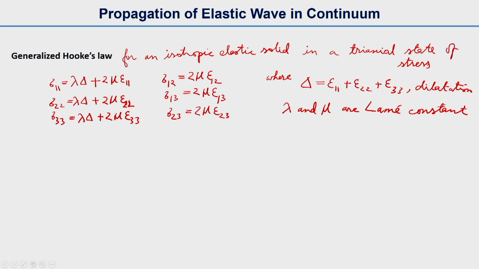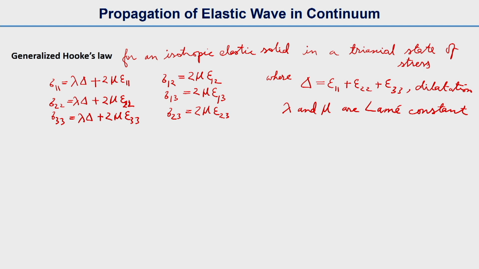So they are the material constants. I will tell you later the relationship between lambda and mu with Young's modulus and Poisson's ratio. So these six equations are generalized Hooke's law.